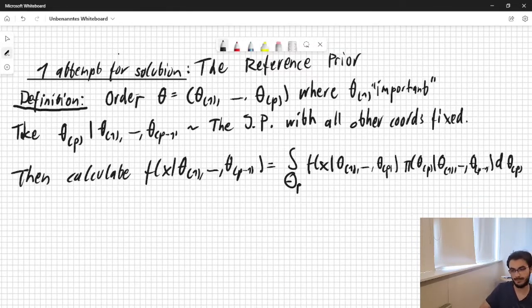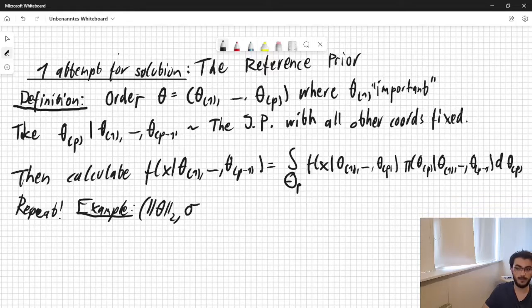And then we just repeat until we're done. For our example, we're interested in the length, so we write the length of theta as the first parameter, because we can do that: there's a reparametrization called polar coordinates, where we first give the length of our vector and then p minus 1 angles.